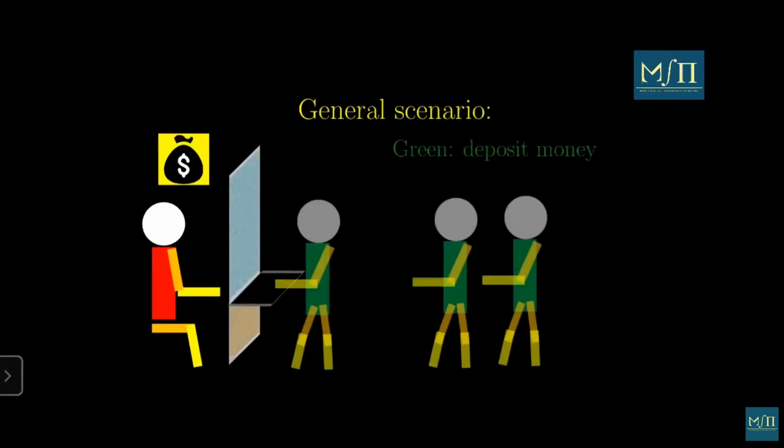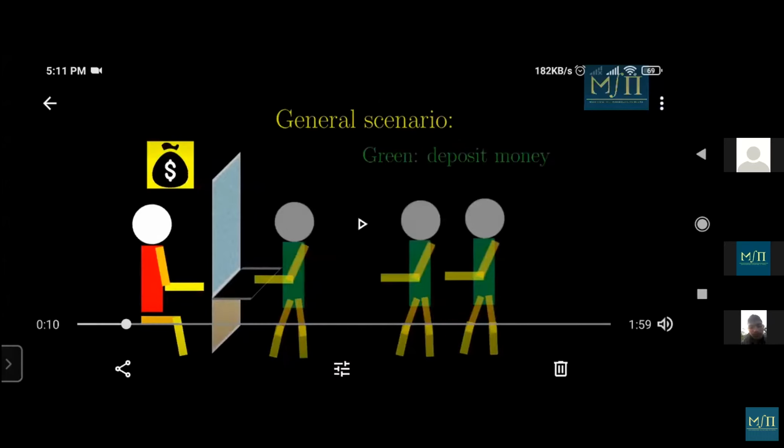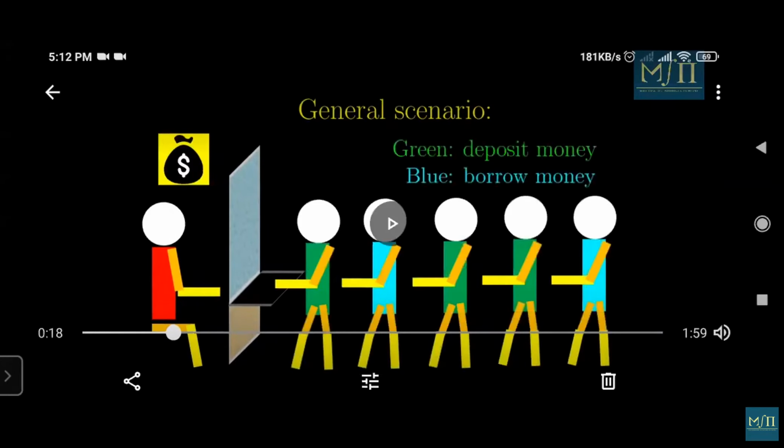I mean, if the bank has $20 and somebody wants to withdraw $30, then that won't be feasible. Digitally it could be, but this is a physical bank.